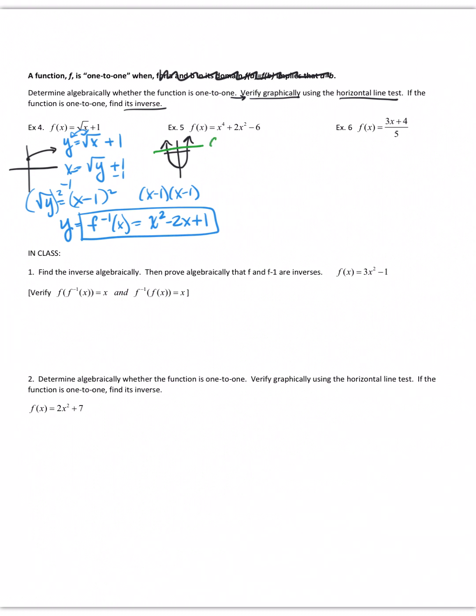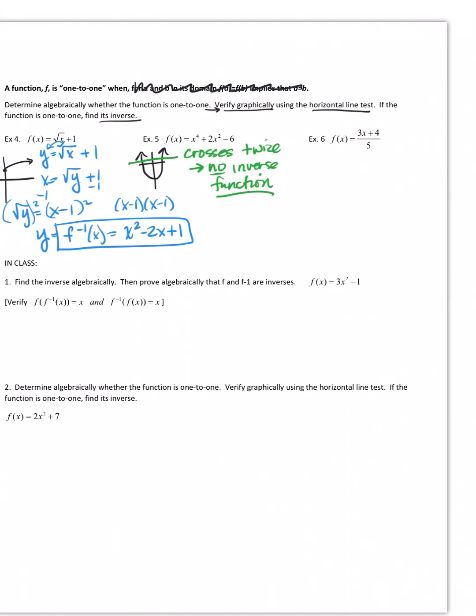No. It crosses twice. So that means there's no inverse function. That's where I'm going to stop, and that's my reasoning. It's not 1 to 1. So we would say not 1 to 1, which means it does not have an inverse function.